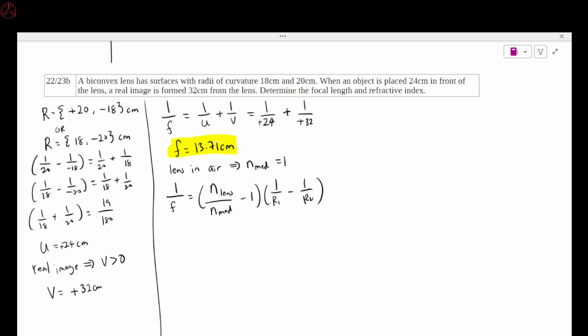We've established that 1 over r1 minus 1 over r2 is 19 over 180. So that means I can substitute f for 13.71.